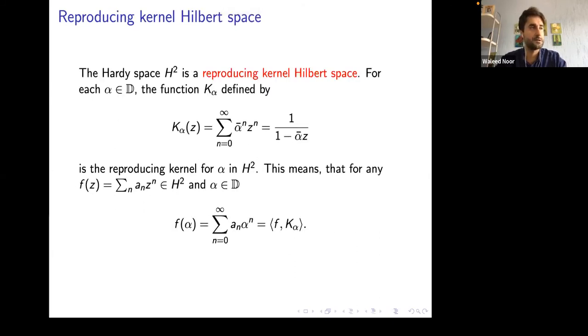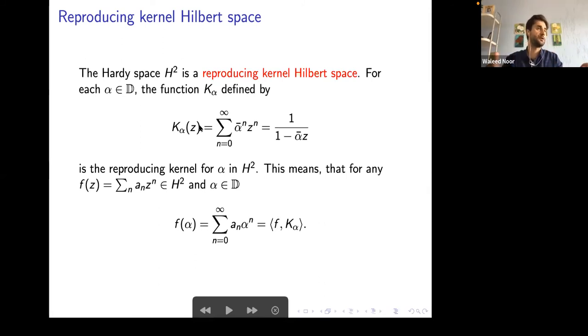And of course, Hardy spaces are reproducing kernel Hilbert spaces, which is very important. It basically means that for each point alpha in the disk, there exist reproducing kernel functions, defined like this for each alpha, which reproduce the space in the following sense: if you take any function in the Hardy space, then evaluation of that function at a fixed point alpha is basically taking the inner product of f with this kernel.